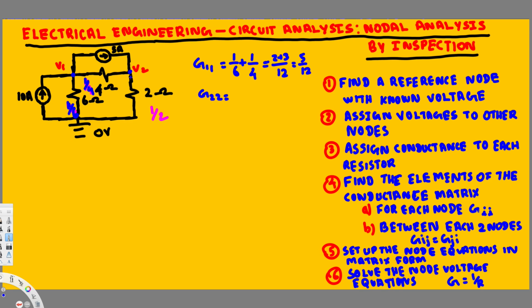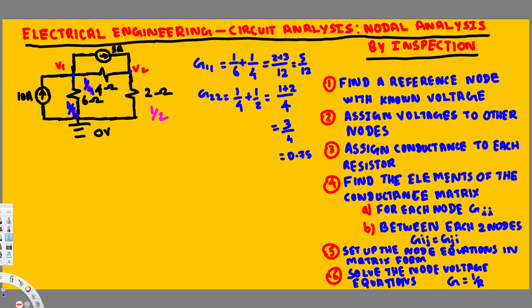Again, we have to look at the branches connected to it with conductance. Here we have 1 over 4 plus 1 over 2. We can take 4 as our common denominator, so this is 1 plus 2, which gives us 3 over 4, and that is equivalent to 0.75.